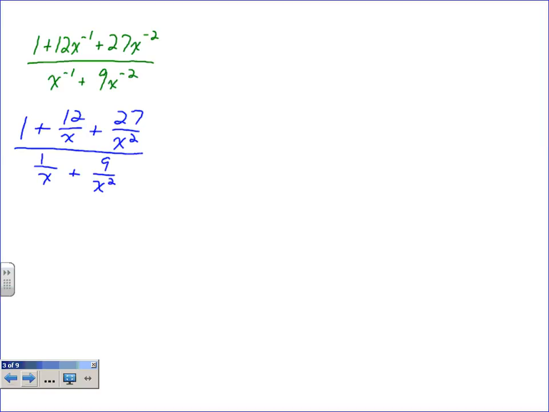Now, does anybody remember how to simplify these complex fractions? How can I get rid of those complex fractions? Anybody remember? I think we did that back in chapter 2, I think. Maybe 3.